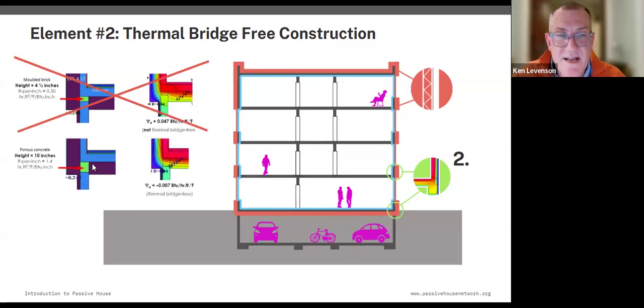But something like this, it doesn't have to be rocket science. Just replacing that thermally poor brick with aerated autoclave concrete, something that performs a bit thermally better, can be enough to make that connection thermal bridge free.